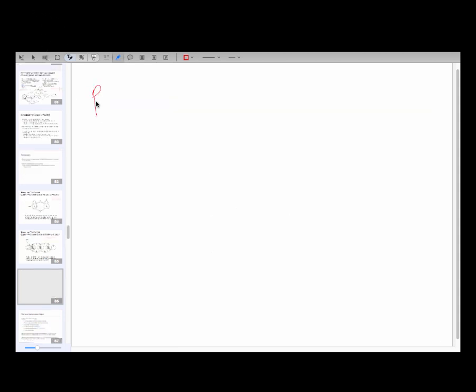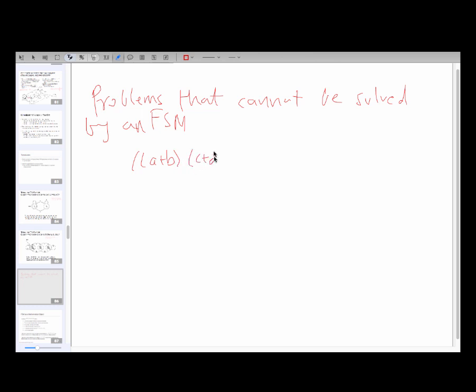Problems that cannot be solved by an FSM. Okay, so we have seen arithmetic expressions. They go like this: parenthesis a plus b times c plus d times e plus f plus g h plus and so on.